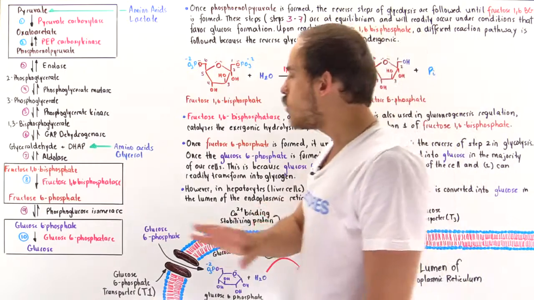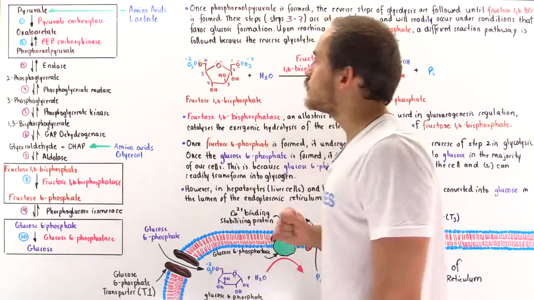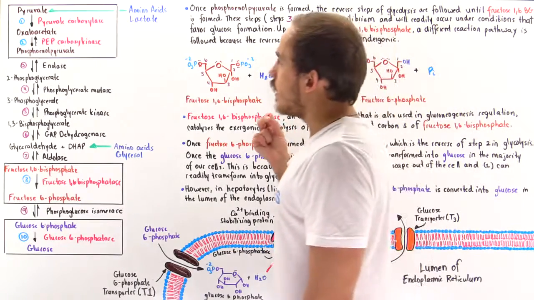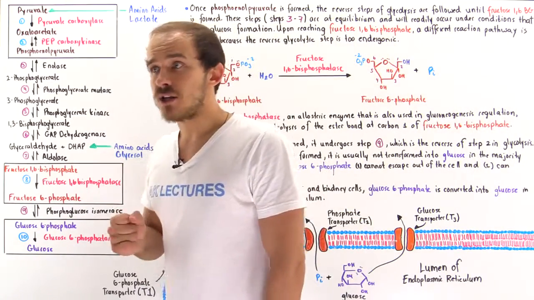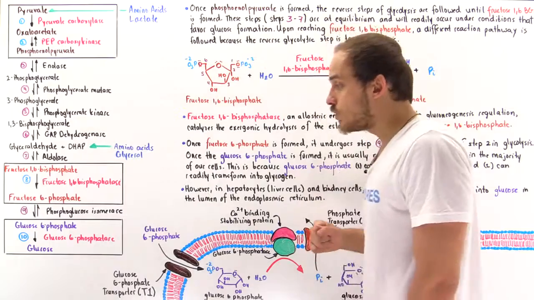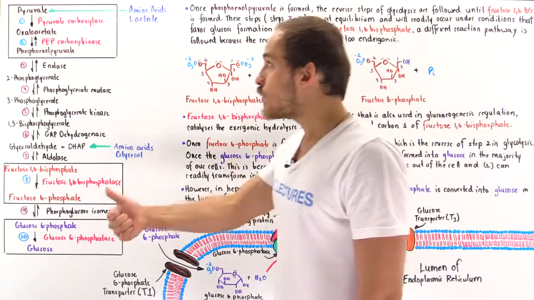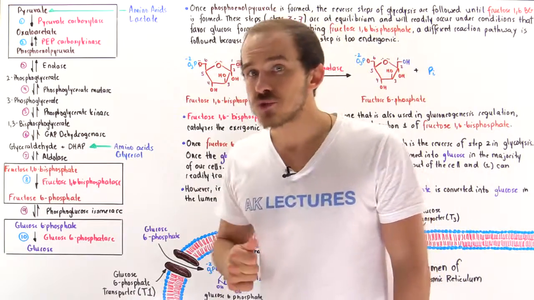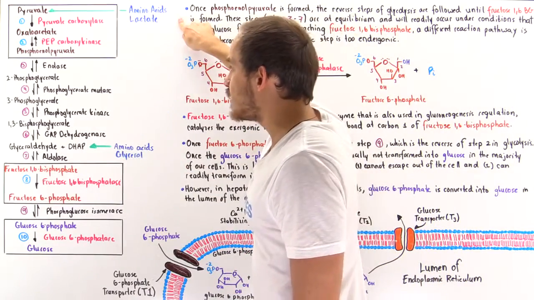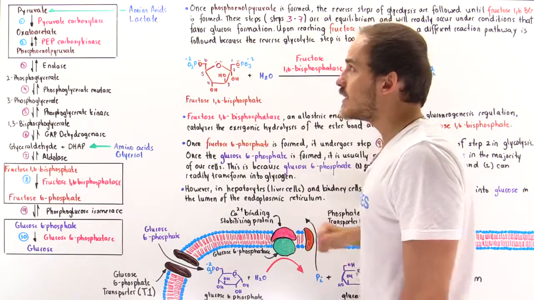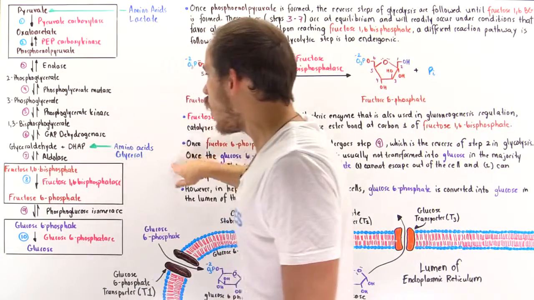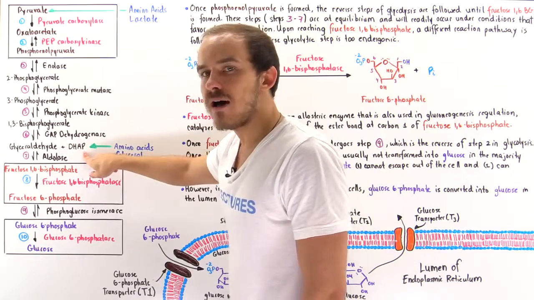Now, the final thing that I'd like to mention is, remember, there are different types of non-sugar precursor molecules that we can use to form glucose. So we discussed pyruvate, but we also mentioned lactate, amino acids, and glycerol. Depending on the type of amino acid, the amino acids can be transformed into either pyruvate or the DHAP molecule.